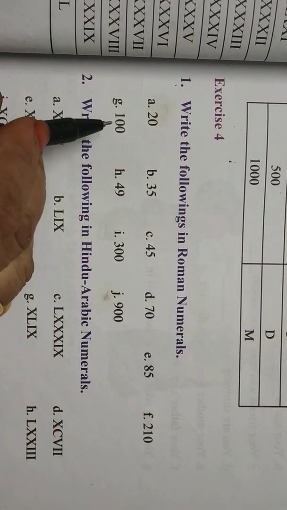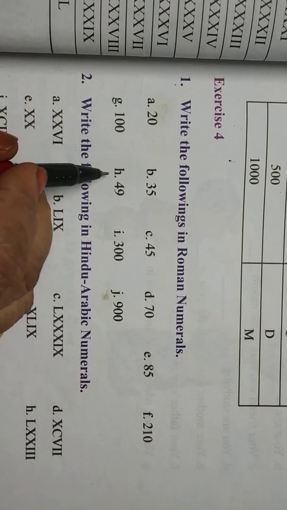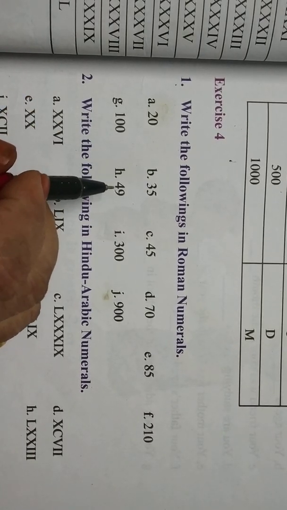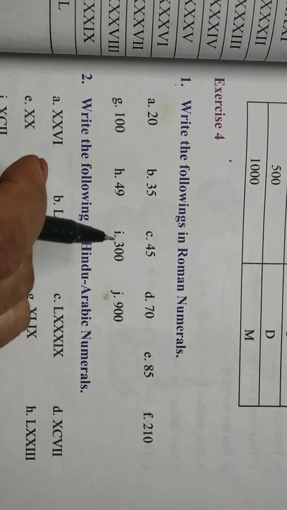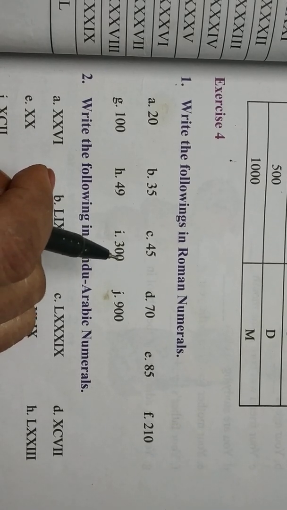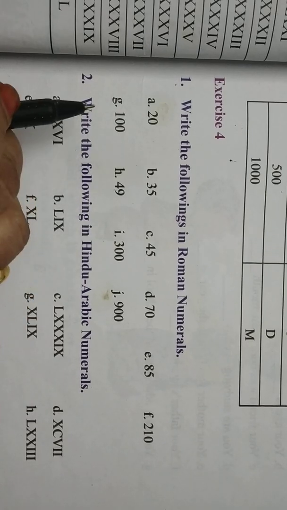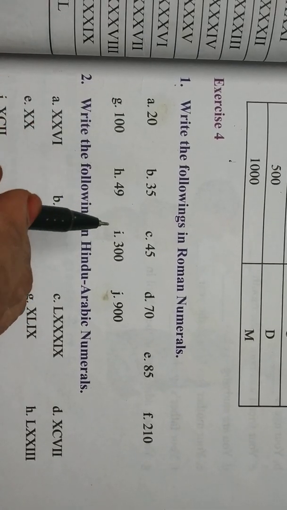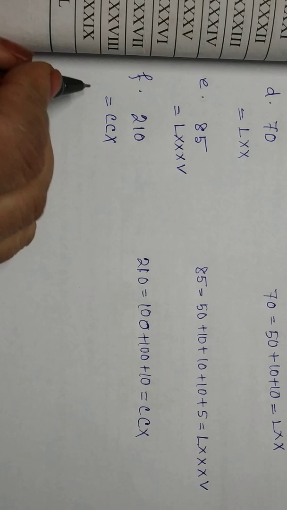Then G, 100. All of you know 100 means C. 49 is 50 minus 1 plus 9. I think you can do it. 300 means 100 plus 100 plus 100. Therefore CCC. The remaining ones, G, H, I, you do yourself.